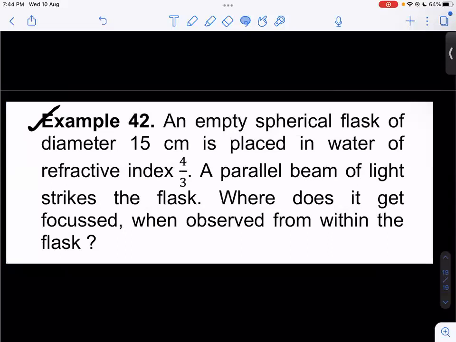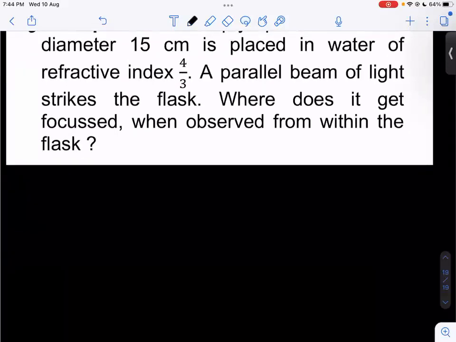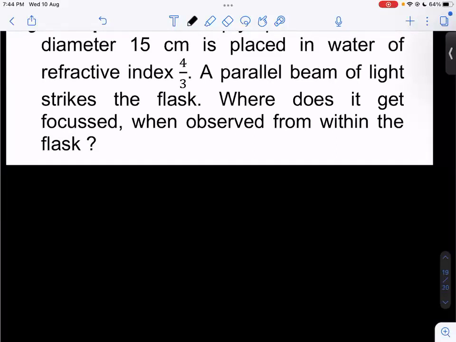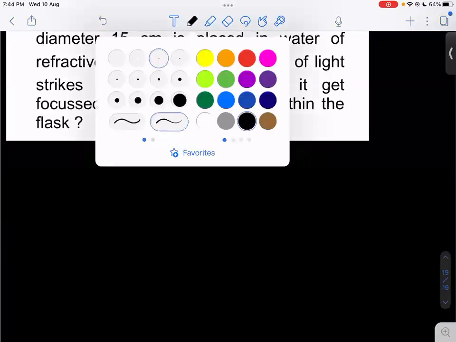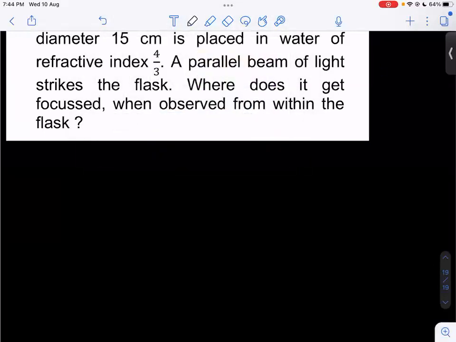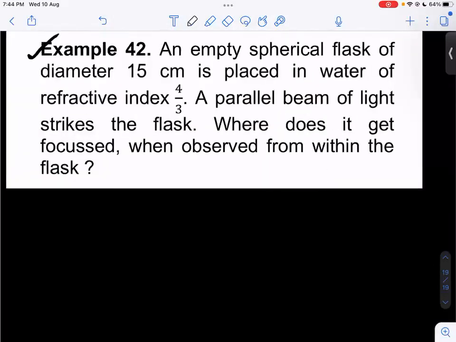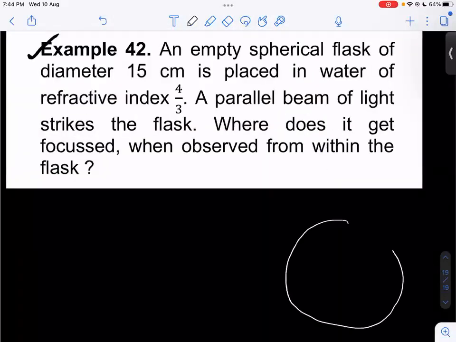So listen to this. There is an empty spherical flask of diameter 15 centimeter, and this whole flask is placed in a medium whose refractive index is 4/3. When they say empty spherical flask, what is the medium here?